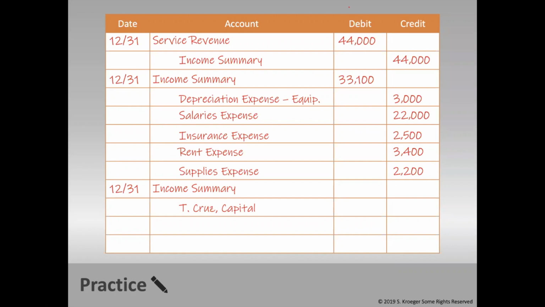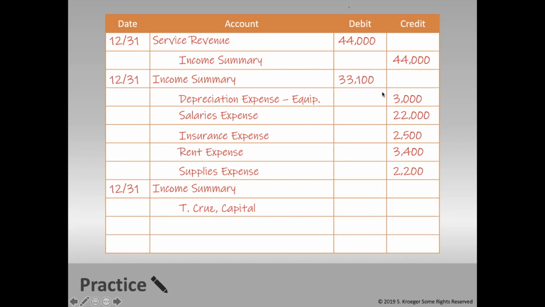Now, the hardest part, I say, is coming up with the amount. It's the amount of income summary. If you're not keeping track as you go by doing T accounts, then sometimes I see students get a little confused with the amount. I have a little trick though. Just take the total revenue of income summary minus the total expenses of income summary.